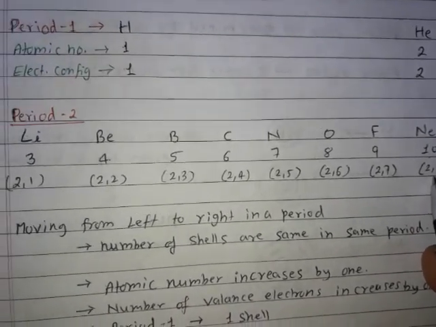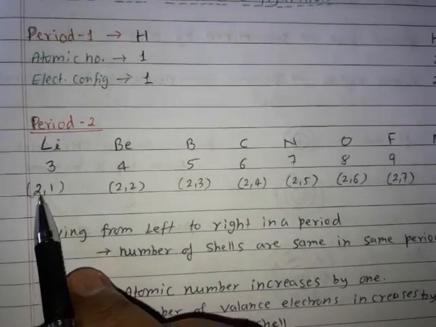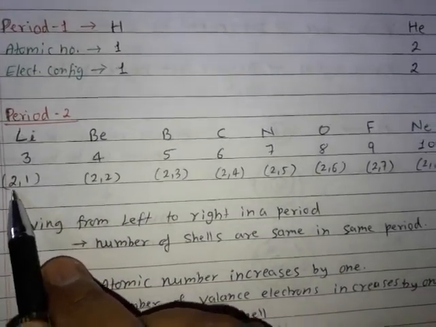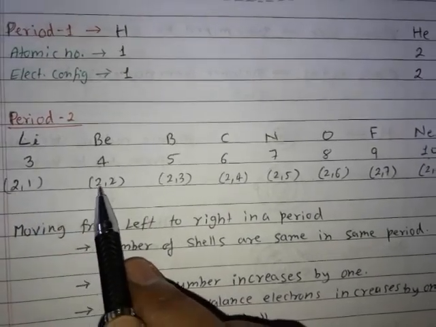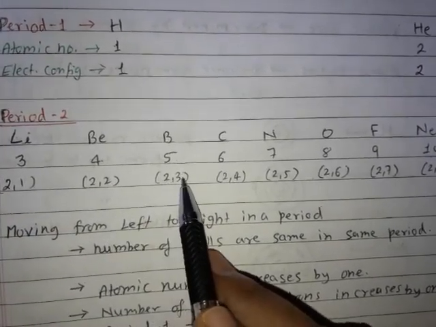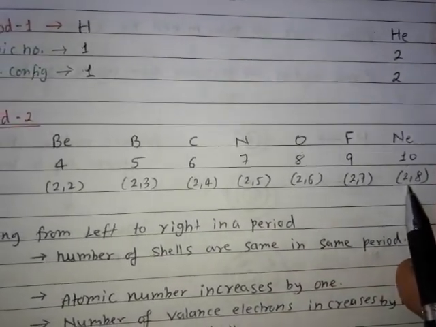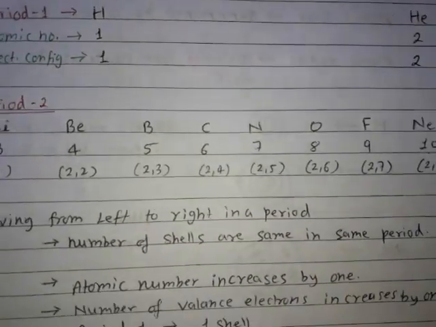And the next thing we see: these are elements of period 2, and period 2 has 2 shells only. See, first orbit, second orbit, first, second, till the last, there are 2 shells only. So what characteristic do we find here?